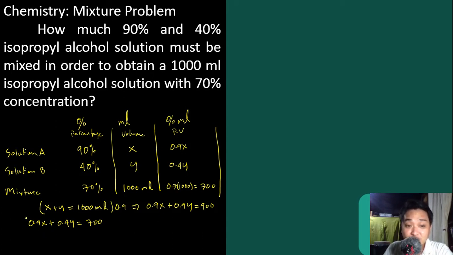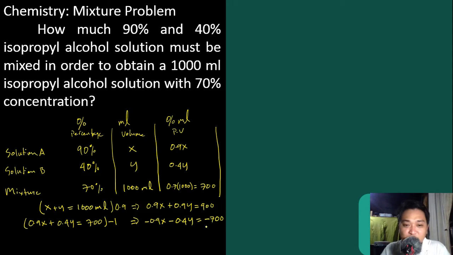So, gagawin natin, imumultiply pa natin yan by negative 1. So, ano kaya yung magiging output? That is negative 0.9 X minus 0.4 Y. Kasi negative 1 times 0.4 Y is negative 0.4 Y. Equivalent to 700 times negative 1 is just negative 700.